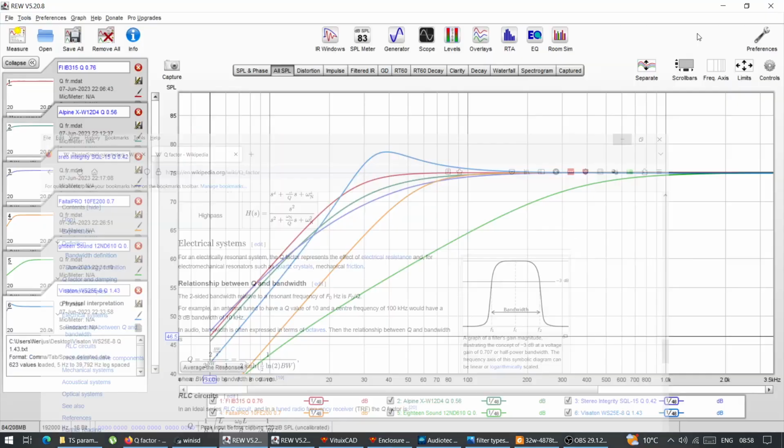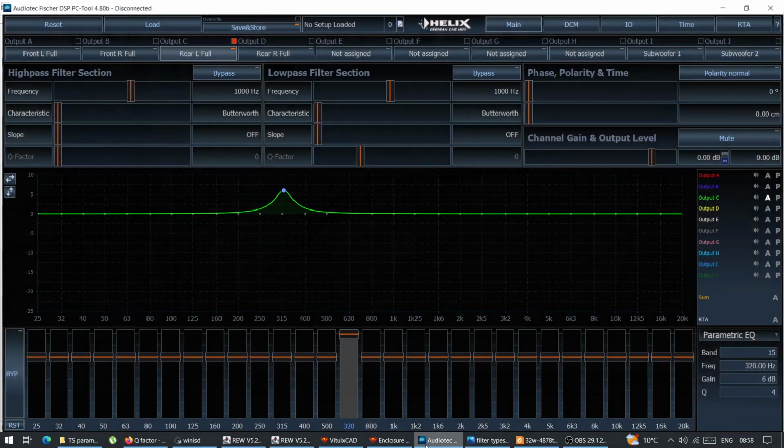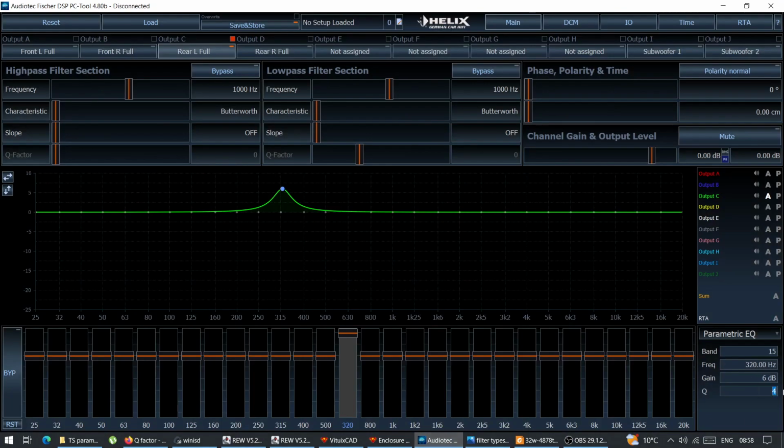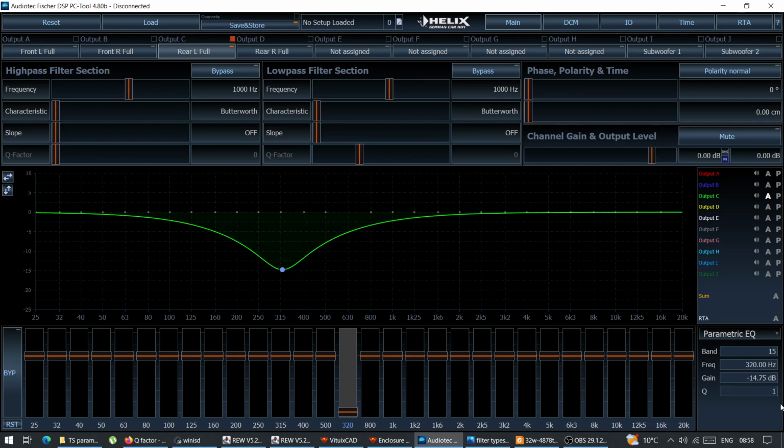What that means is, the higher the Q, let's take for example 10, the narrower this peak or dip is. For a dip you can easily see. If it's 10, it's very narrow. If it's, for example, 1, it's very wide. So in general, this is the definition of Q.